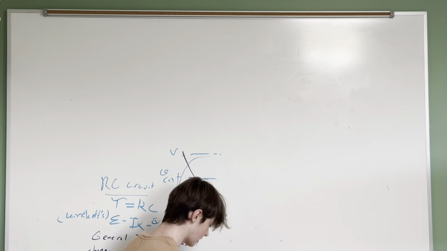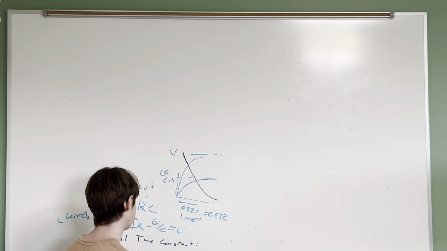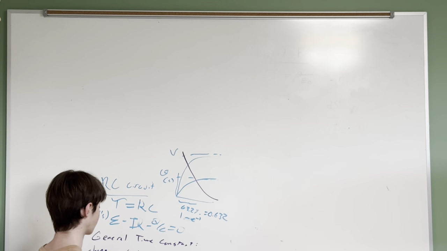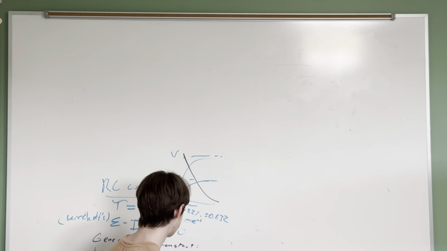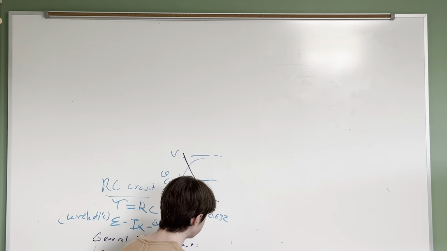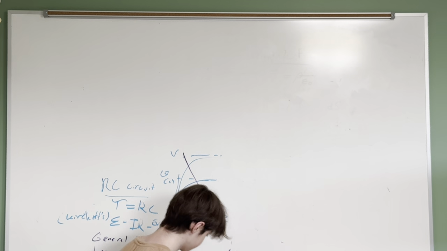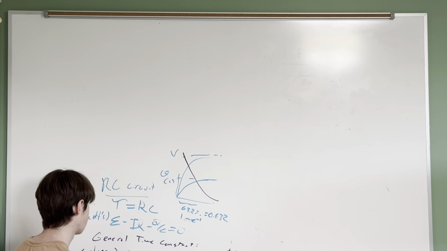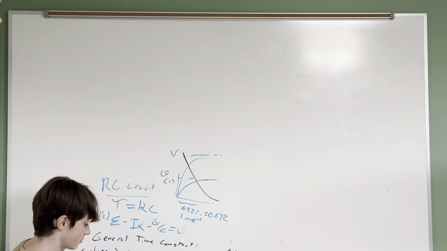Oh wait, okay, this is change goal: max minus initial. And this is current amount minus initial, not current like electric current, but like current time, times 1 minus e to the negative t over tau. Oh, that's for the total something as a function. Yeah. This is RC circuits.